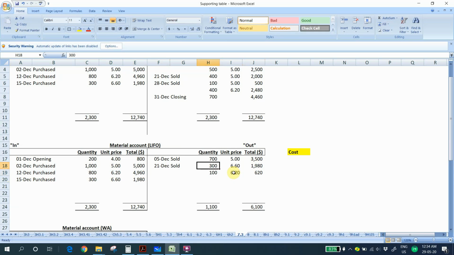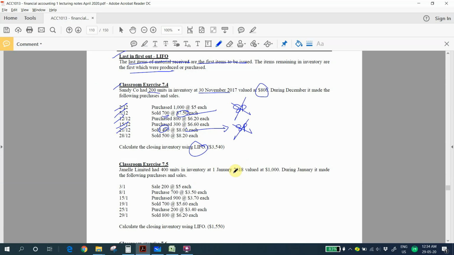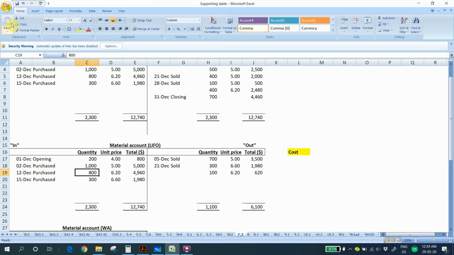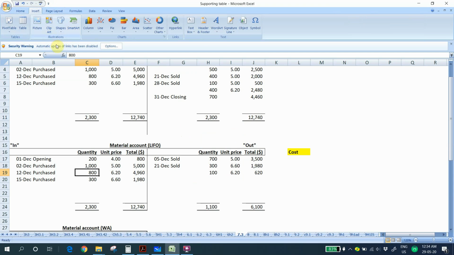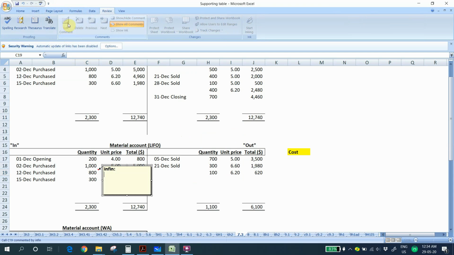Last in first out. First, we utilize the last batch purchased, but this batch is not enough to cope with our order. So we will use the next last purchase, which is 800 units. So the cost is $6.20 for this batch of the product. Next, on 28, we sold 500, and we know that for this batch we have a remaining 700.